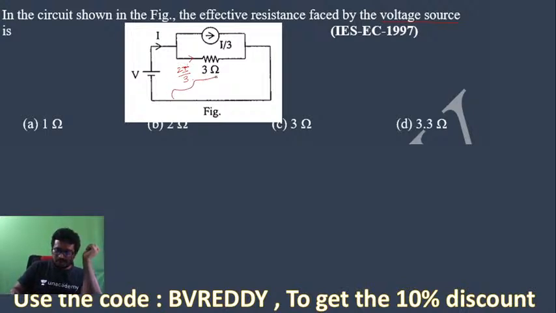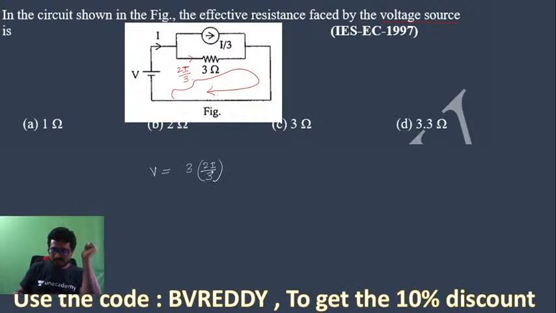Can we apply KVL in the inner loop? Yes. If you apply KVL in the inner loop, what do we get? V is equal to 3 into 2I by 3.